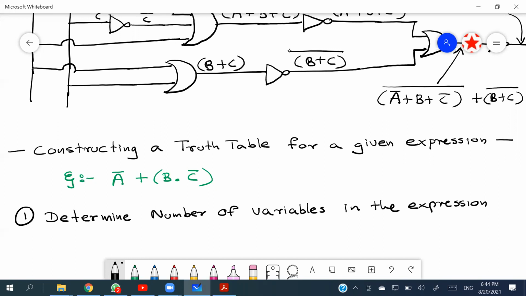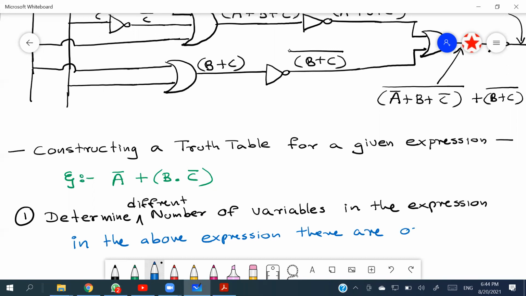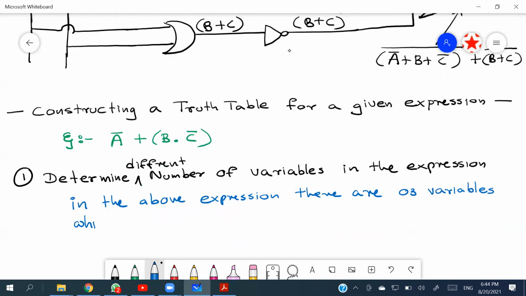In the above expression, there are 3 variables, which are A, B, and C. So it's the very same step as in drawing circuits.